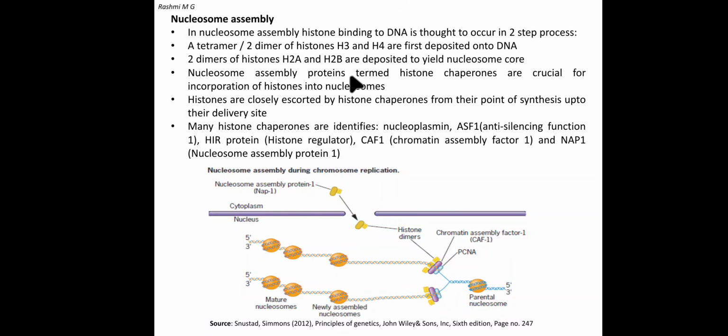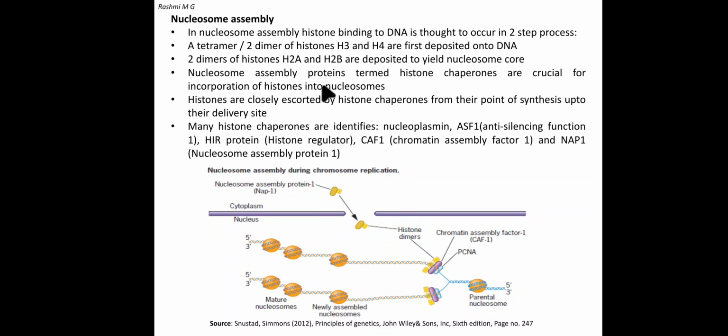Nucleosome assembly proteins, NAPs, termed histone chaperones, help in the incorporation of histones into the nucleosome. These histone proteins are present in the cytoplasm, so the histone chaperones help in their entry into the nucleosome, so that the histones help in the organization.